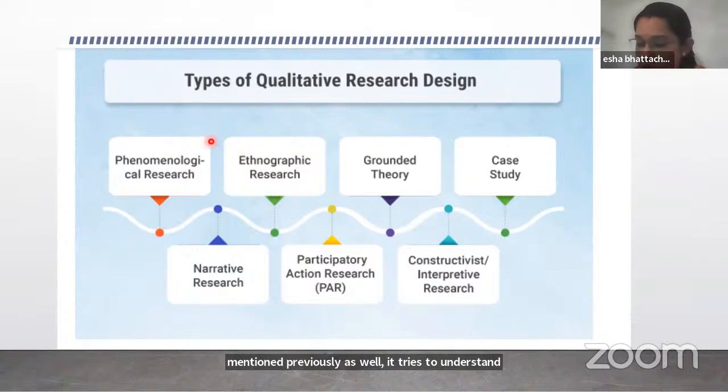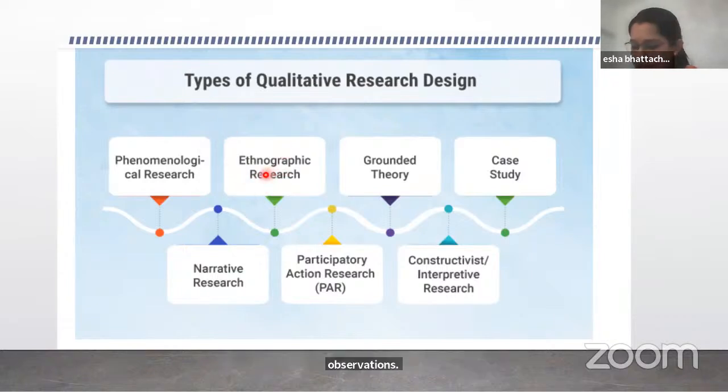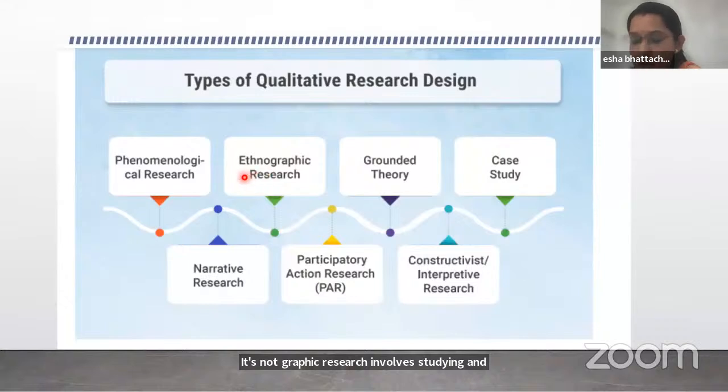Here they explore the participants' subjective experiences through in-depth interviews or observations. Ethnographic research involves studying and understanding the cultures, beliefs, practices, and social interactions of groups. Document analysis is also made.